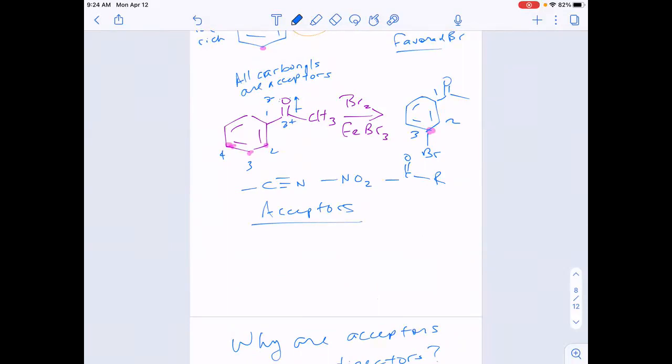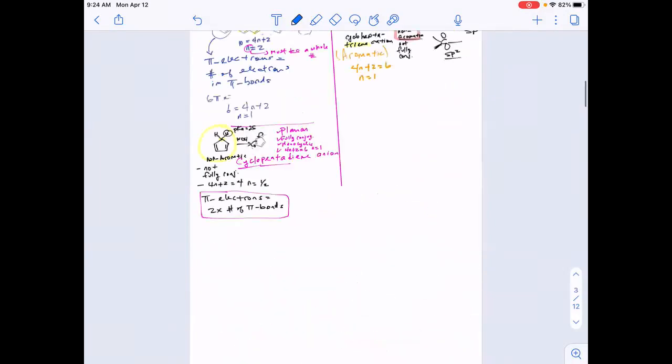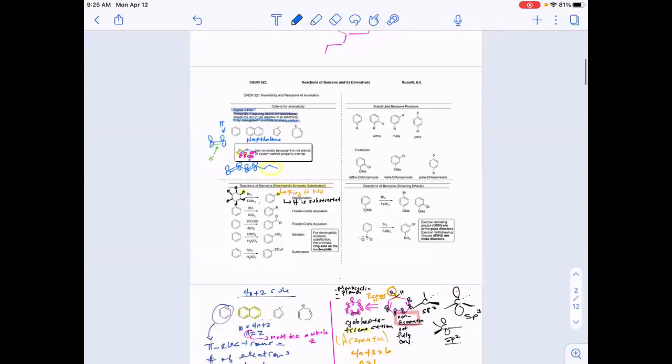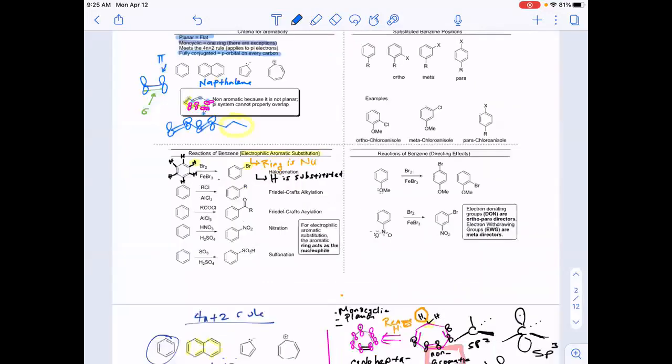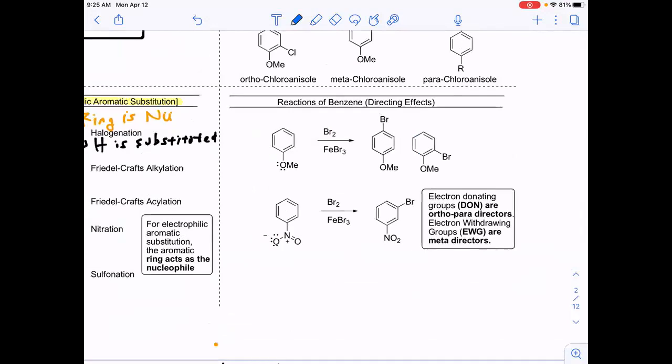All right. Any other questions about the directing effects? Let's go back up here on that handout. I got a couple of problems on here. Well, they're already done, right? So you can see right here, this is just an example up top where you have a methoxy group, which is a donor, a great donor on the ring, and that's going to give you ortho-para products. And then you have a nitro group on the ring, which is a great acceptor. Same reaction of bromination, you're going to get meta products.